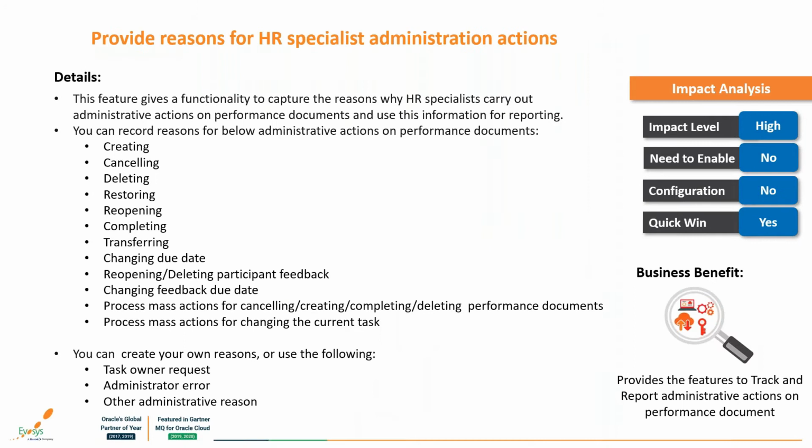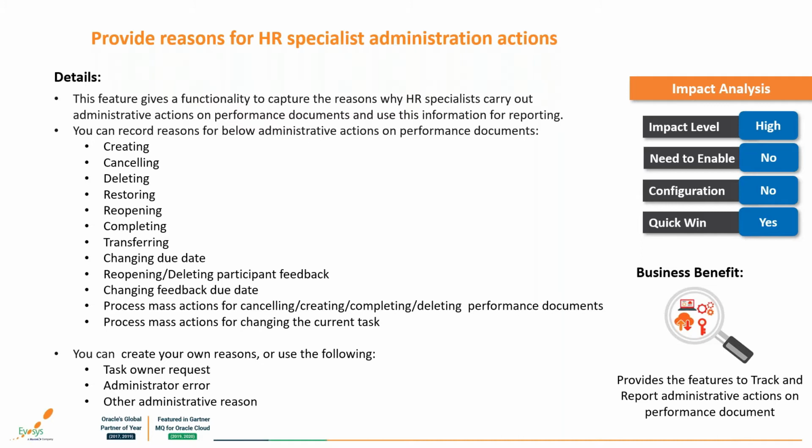Moving to the next feature, which is providing reasons for HR specialist administration actions. So in 21B upgrade, there will be a feature which gives a functionality to capture the reasons why HR specialists are performing any administrative actions on performance documents.